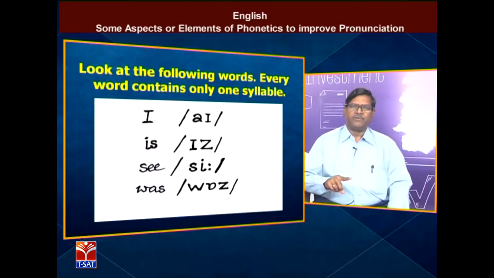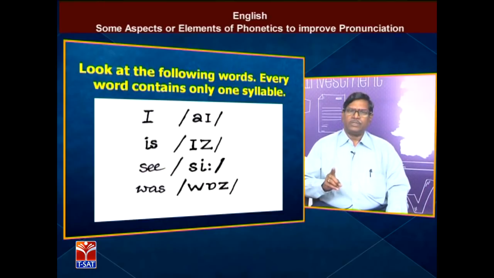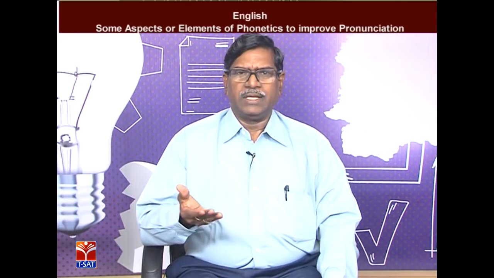Is, vowel sound followed by consonant sound, Z. See, vowel sound, E, is preceded by a consonant sound, S. Was, vowel sound, O, is preceded by W and followed by Z. So, if we consider these words, we can conclude that in every syllable, a vowel sound is compulsory, and consonant sounds may be preceding the vowel sound or following, or both ways.